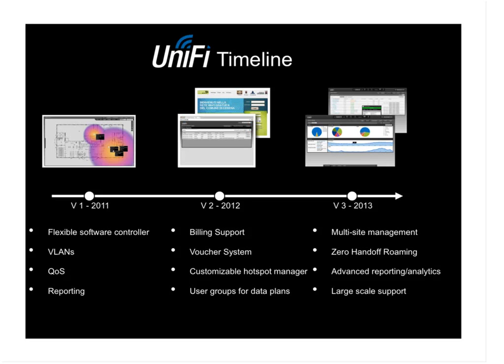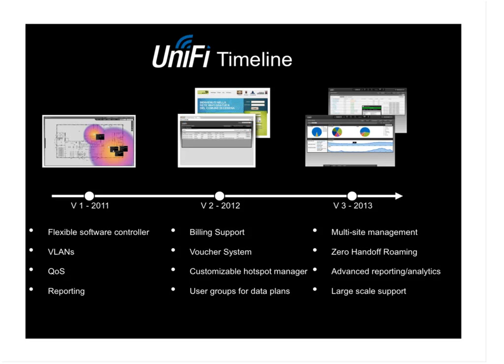The UniFi 2 product was released in 2012, and the key focus there was on guest access and hotspot management. So it added billing support, a voucher system, and customizations to the hotspot manager, so that you had a great degree of flexibility to deploy this for public guest access.